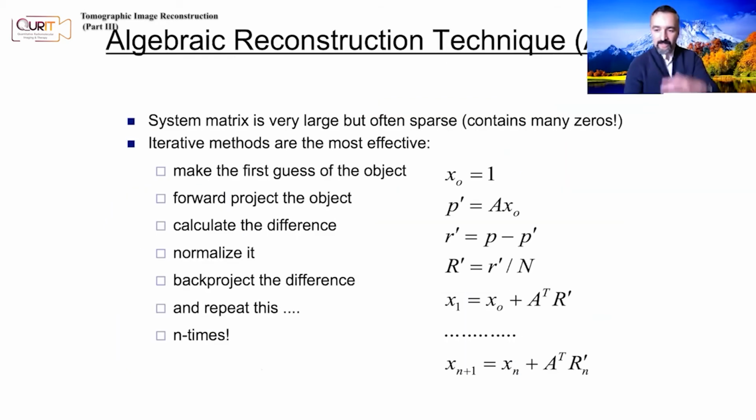Now, historically, there have been other algorithms, especially you've heard of the ART, the algebraic reconstruction technique. And it feels quite similar to the Van Cittert that we just discussed. But it's not statistical. People weren't thinking about noise. They were just thinking, okay, I have a linear algebraic formulation.